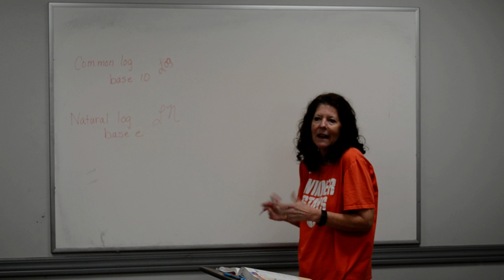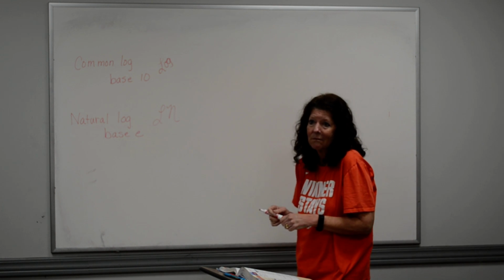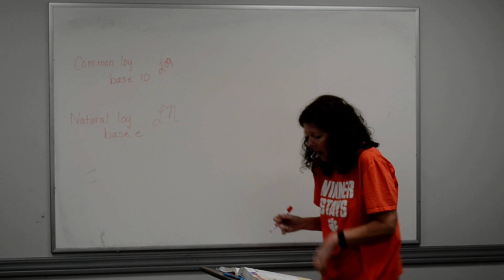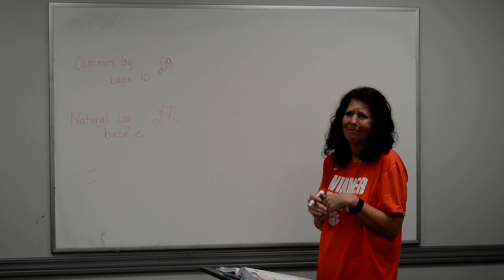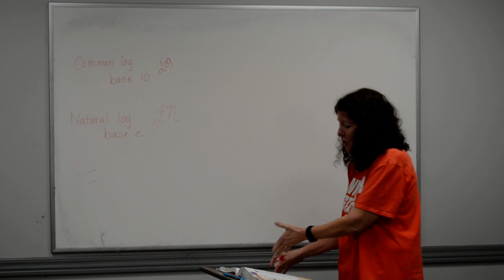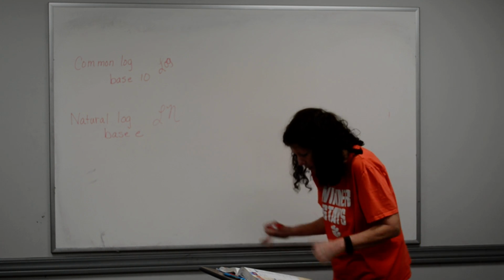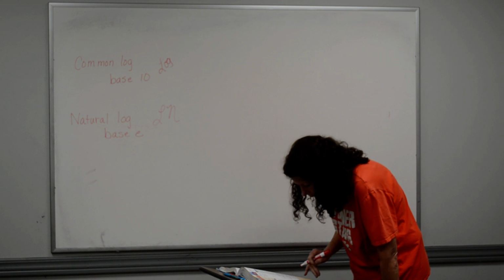As far as mathematically, no, there really isn't. Maybe for somebody who's way better at it than I am. But there used to be common log tables. You'd never see a book like that anymore.